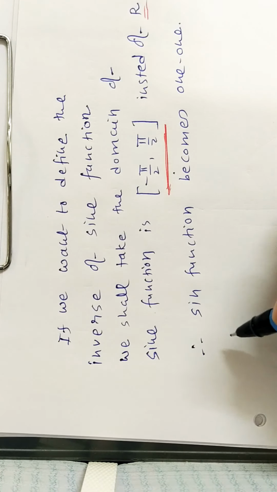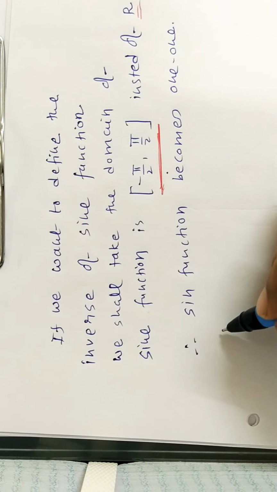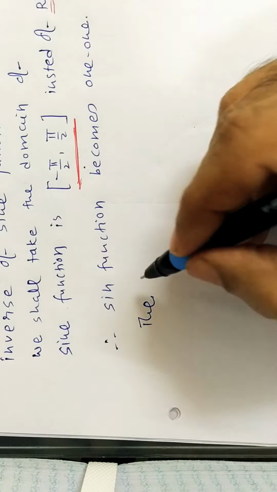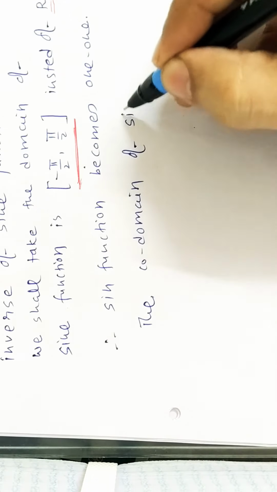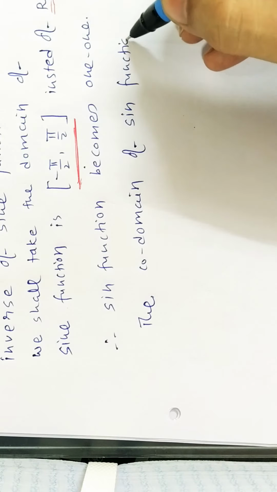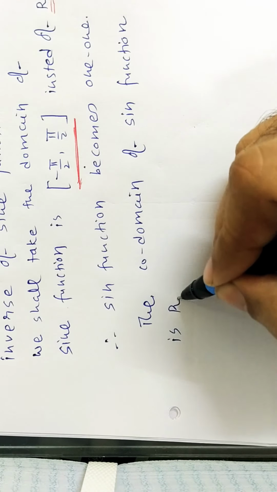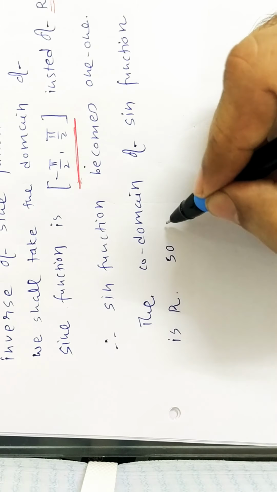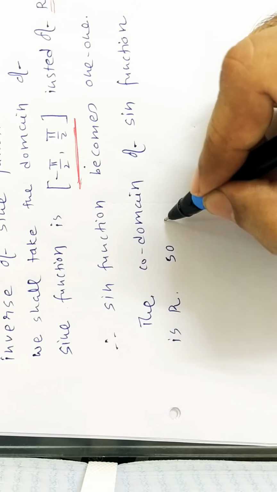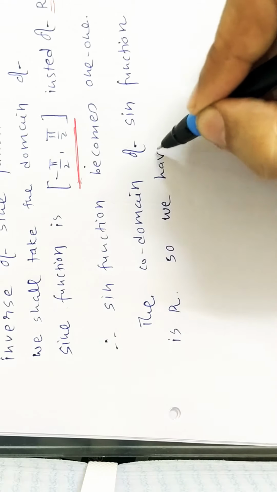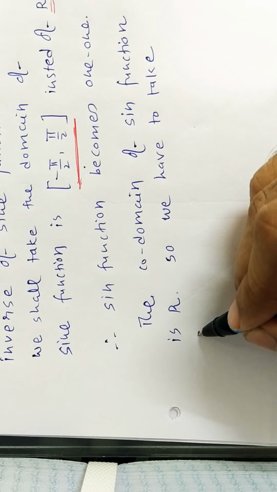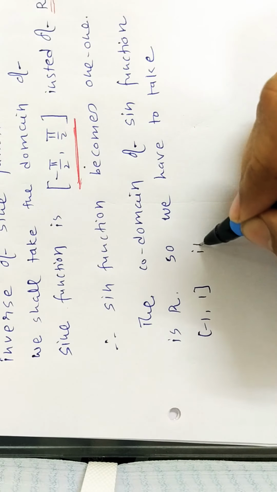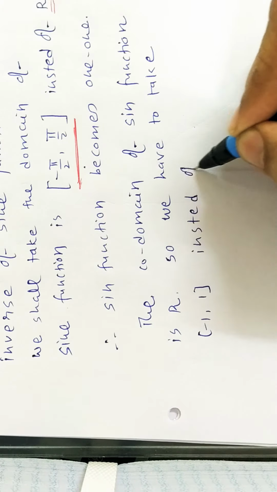The codomain of the sine function is R, so we have to take minus 1 to plus 1 instead of R.